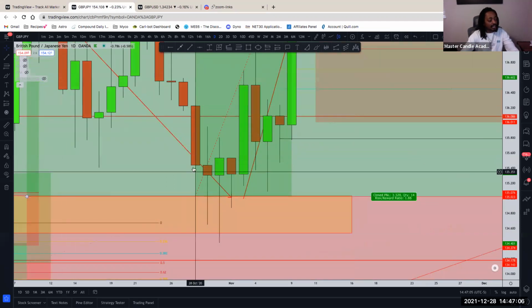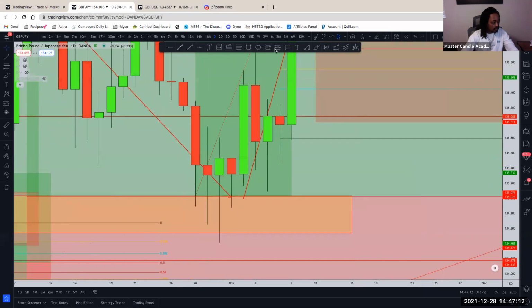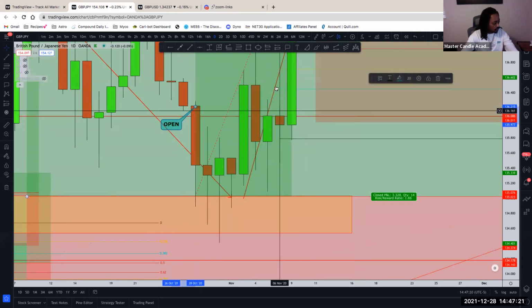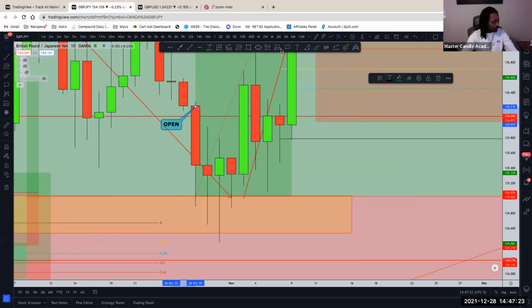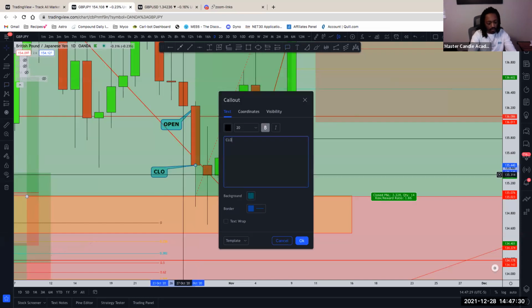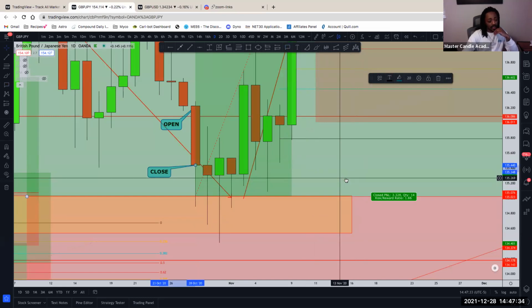When we are looking at this candlestick here, we have our open. This is the open. And this is the close of the candle. For a bearish candle, the open will be at the top and the close will be at the bottom.